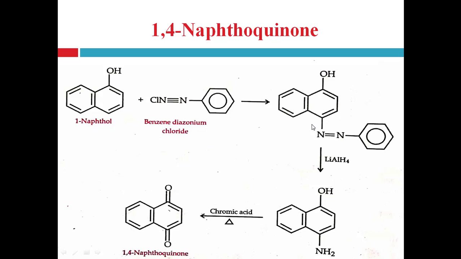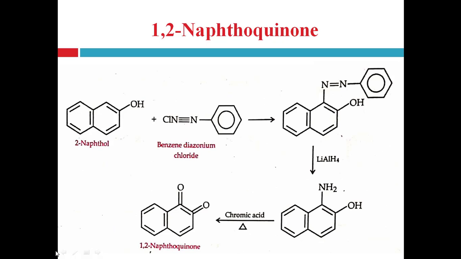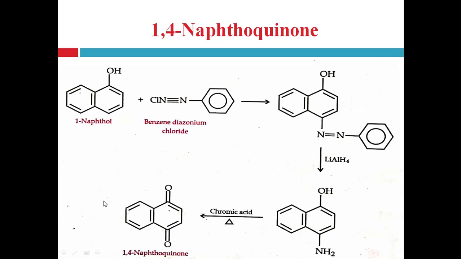This compound undergoes reduction with the help of lithium aluminum hydride and forms 4-amino-1-naphthol. Again, this 4-amino-1-naphthol is heated with chromic acid to produce 1,4-naphthoquinone. This 1,4 indicates the position of the ketone groups. Here the ketone groups are present at the 1,2 position, here at the 1,4 position.